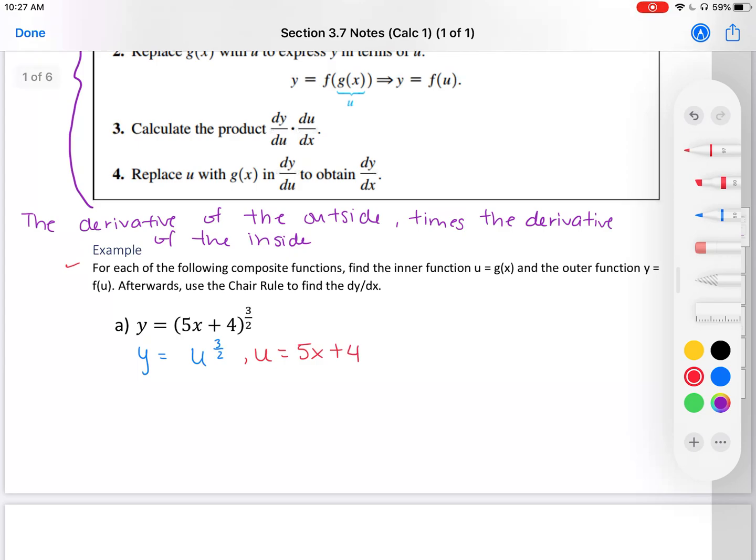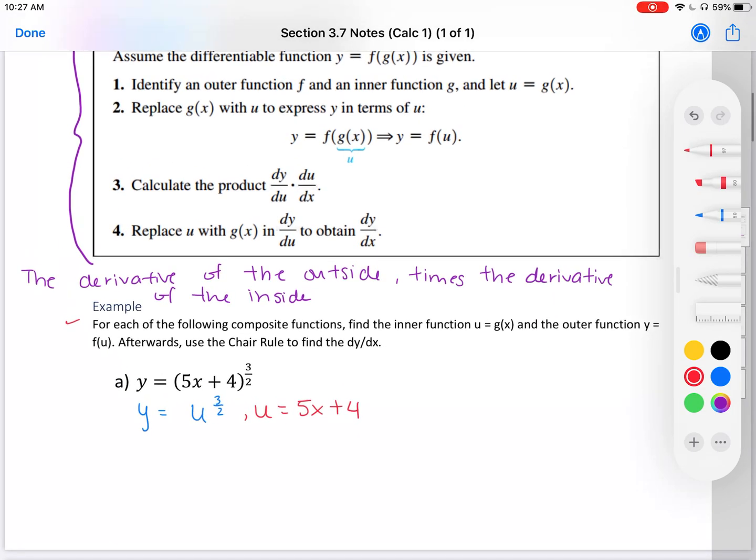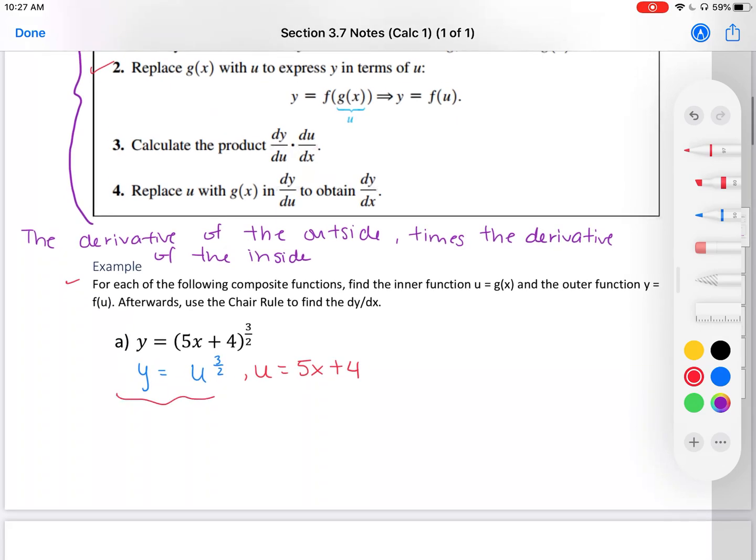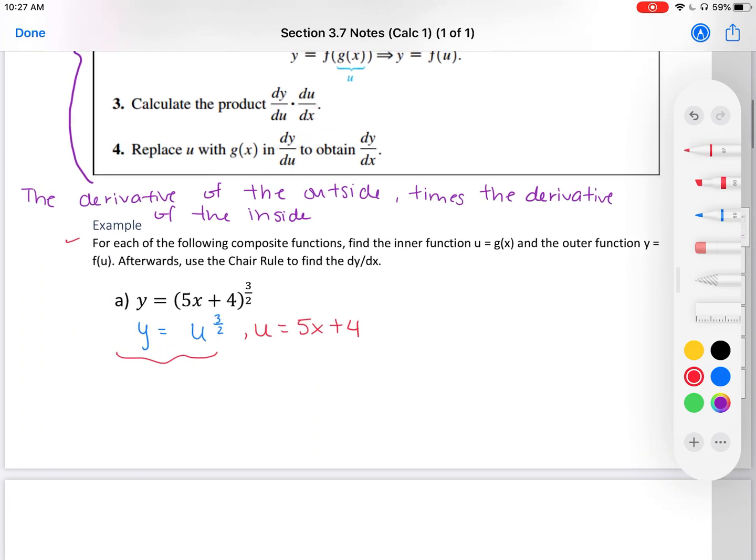So we have two functions where we're applying composition, and that's the idea of this. So first we want to identify our u in our function. So we have our u here. Step 2, replace g of x with u to express y in terms of u. We have this done here. That's your step 2.